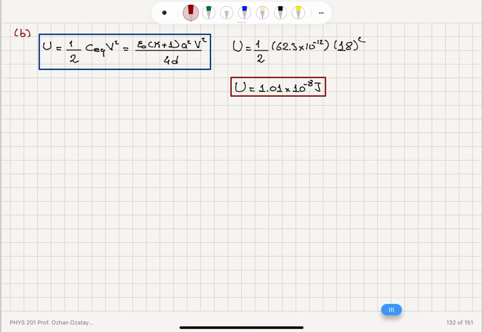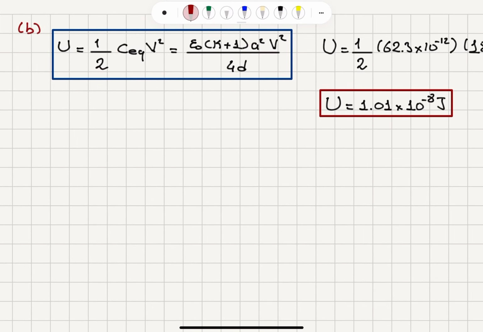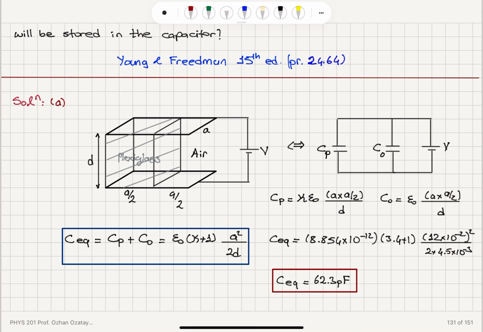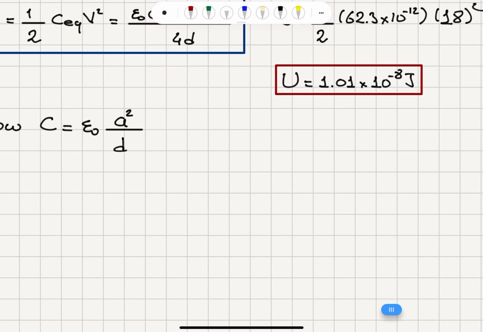And in part C, we now have a new capacitor. It's just an air capacitor. The capacitance is epsilon 0 A squared over D, because we have removed the plexiglass, remember. Now we're left with A squared for the area of the plates.